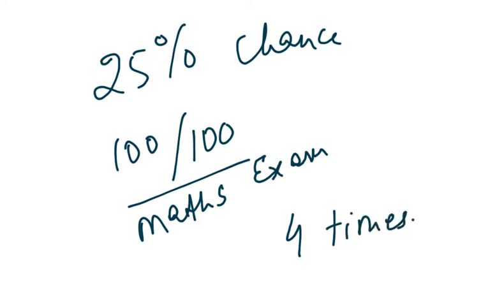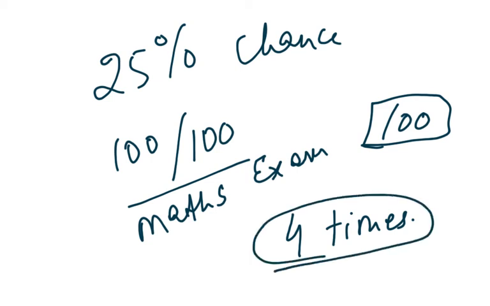Well, you might get it, you might not get it. But if you take the exam 100 times, then 25 times you're going to get 100 out of 100. But I didn't let you take the exam 100 times. I only let you take the exam 4 times or 3 times or maybe 5 times. So this does not work when we are talking of a small numbers of progeny.